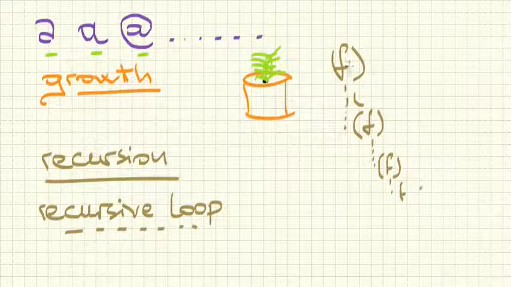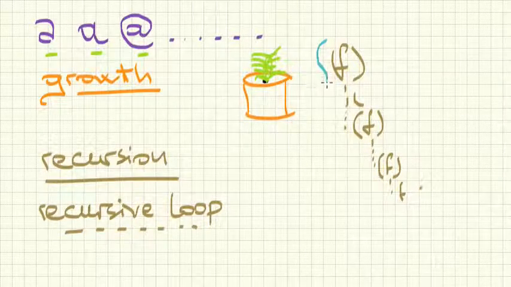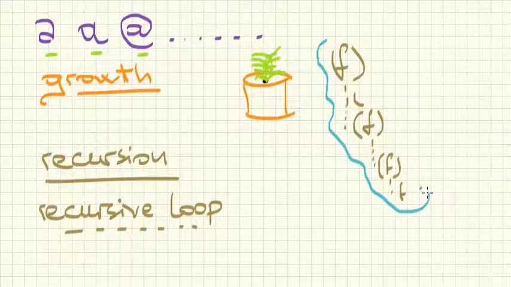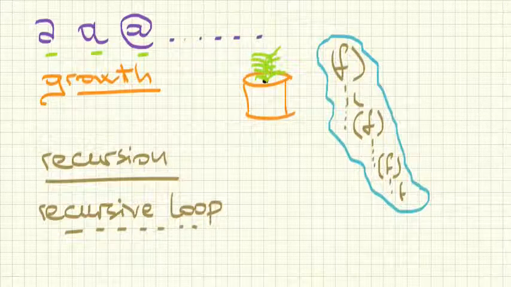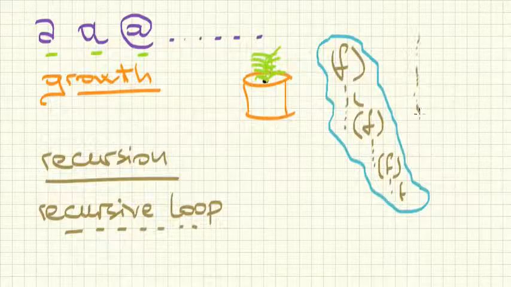But this can be not so intuitive for somebody who sees this for the first time. So a better way may be imagining that a recursive function, a recursive loop, call it how you want, is something that takes as an input what it gave out as an output.